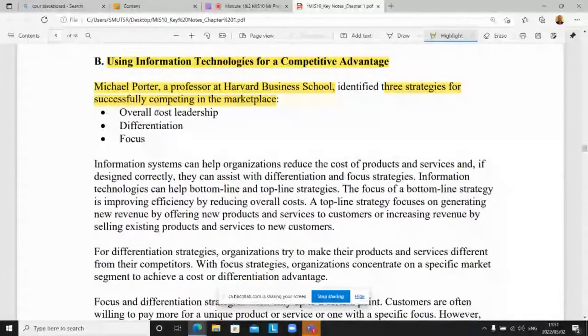Cost leadership, differentiation, that is being different from your competitors, having something special that you offer, and focus, being very specific on what you are offering.